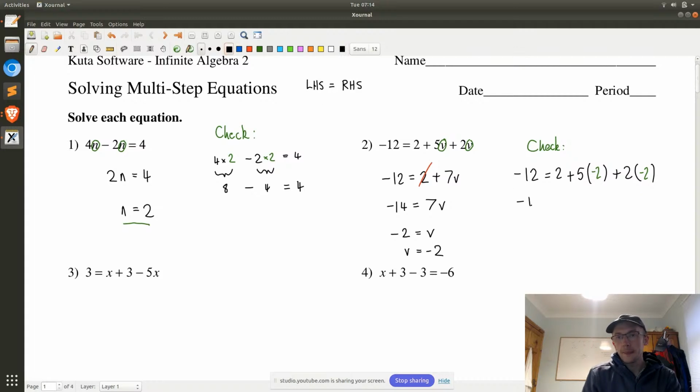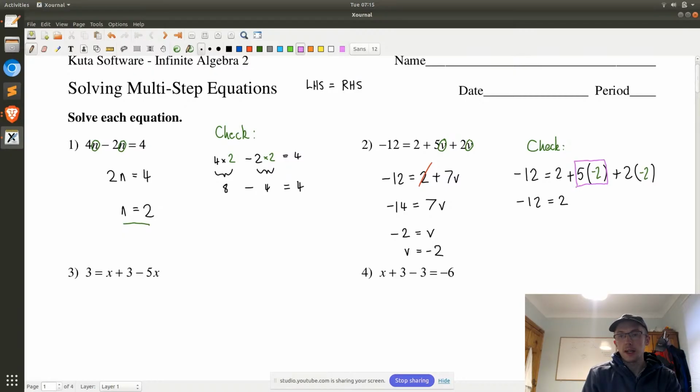Okay. Then I write negative 12 equals 2. Now, 5, open brackets, negative 2, close brackets. This bit right here means 5 multiplied by negative 2, which is negative 10.